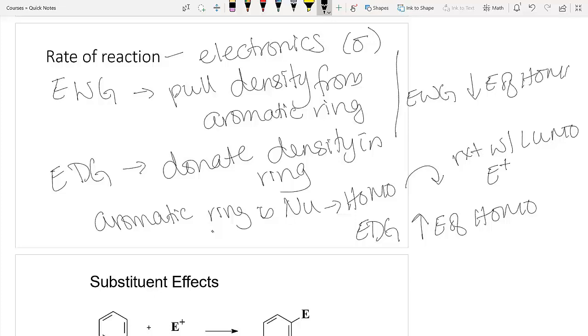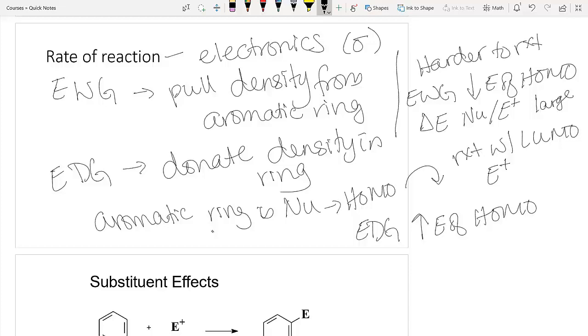The opposite is that electron withdrawing groups are going to lower the energy of the HOMO, making the energy gap, the energy difference between the HOMO of the nucleophile and the LUMO of the electrophile, so far away from each other. It's going to be harder to do the reaction, because there's a larger energy difference.